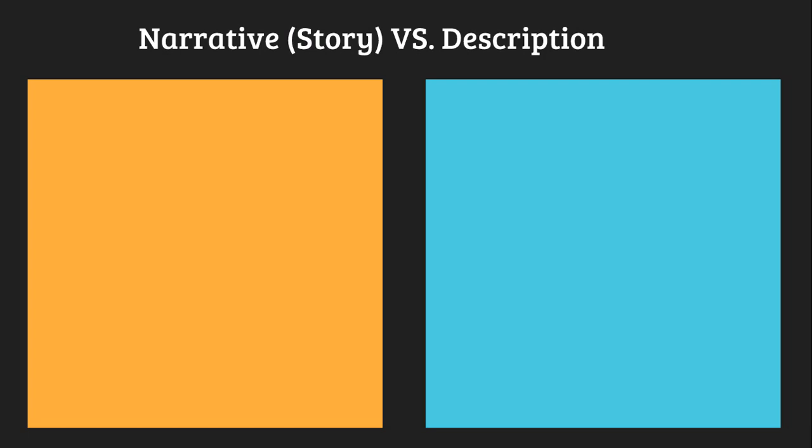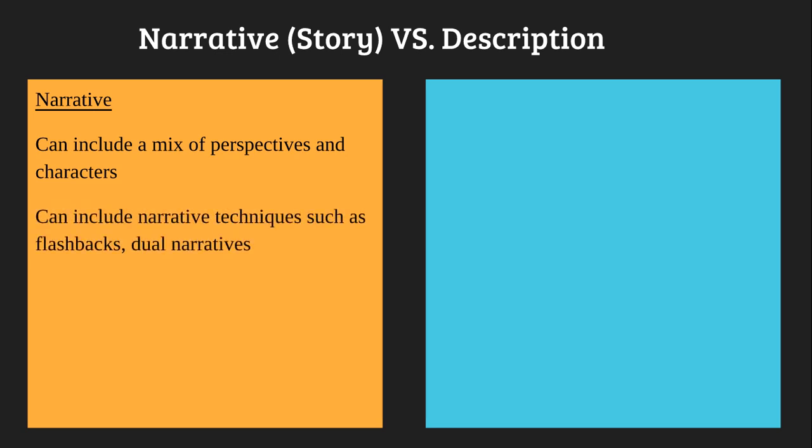So, a quick thing about narrative and description. Narrative can include a mix of perspectives and characters. Obviously, action moves forward, so you probably need your central character to interact with another one. It can include narrative techniques such as flashbacks, maybe dual narratives if you feel confident in your writing. Characters will interact with one another to move the plot forward.